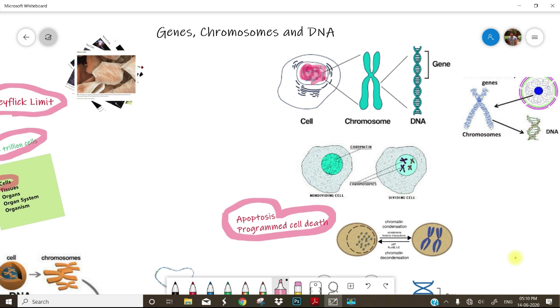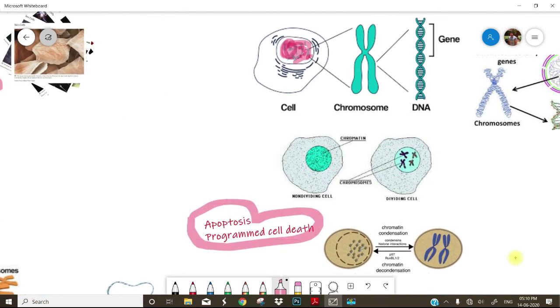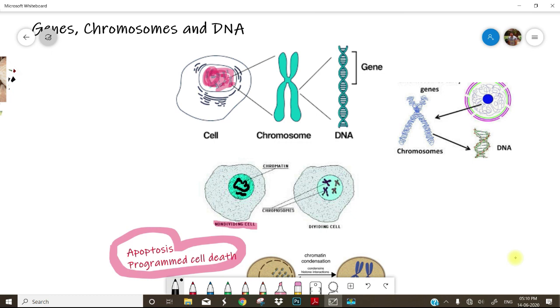Here you can see an interphase cell, or a non-dividing cell, where you can find a tangle of thread-like material inside this nucleus. In this image it is more visible.